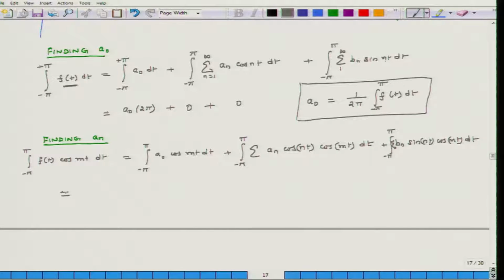So, this equals, what is the integral of cosine m t? Sin m t, and when I evaluate it at pi and minus pi, I get 0. Okay. So, the contribution from the first term is 0 plus, now cosine n t times cosine m t, there is a trigonometric relation that cosine A times cosine B is equal to what? Half of cosine A plus B plus cosine A minus B. So, we do that.